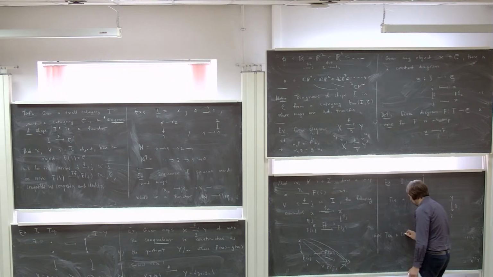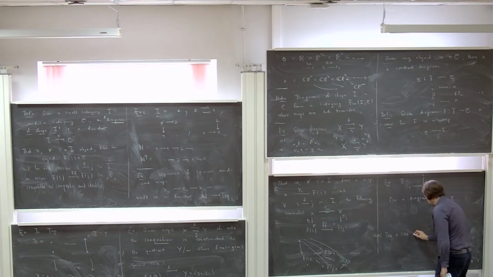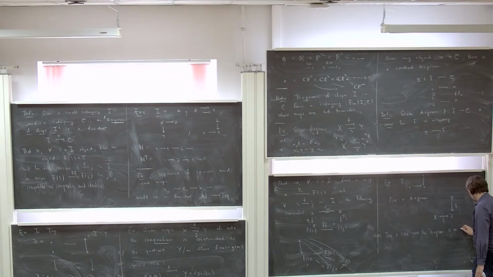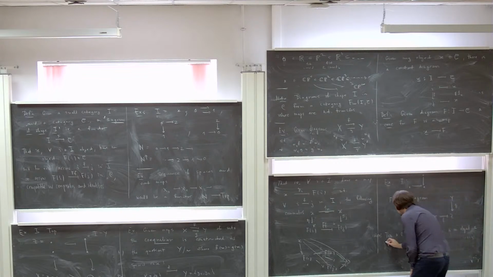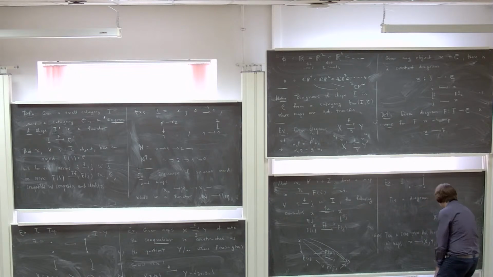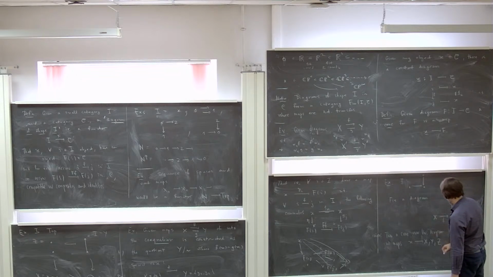Then a cone over this diagram is some other object. I was calling it W in the examples, but let's call it little x, different from big X. It's an object little x with maps from little x to y and to z, such that all the composites are the same.